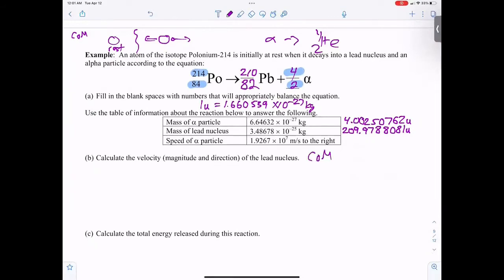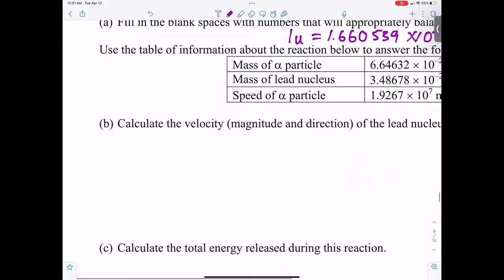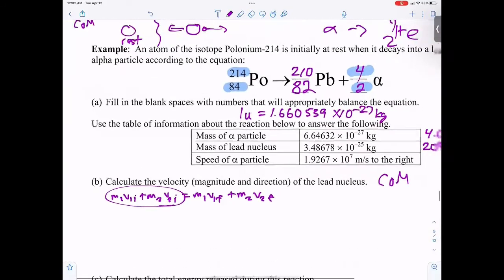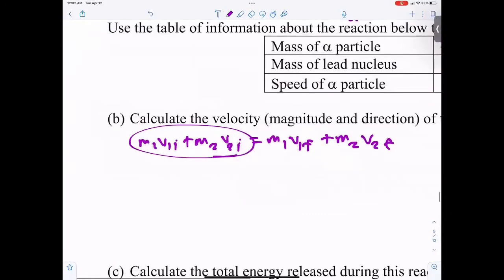And our conservation of momentum equation is M1V1 initial plus M2V2 initial equals M1V1 final plus M2V2 final. Now, this right here kind of includes the whole polonium nucleus to start with, and essentially the whole thing is starting at rest.